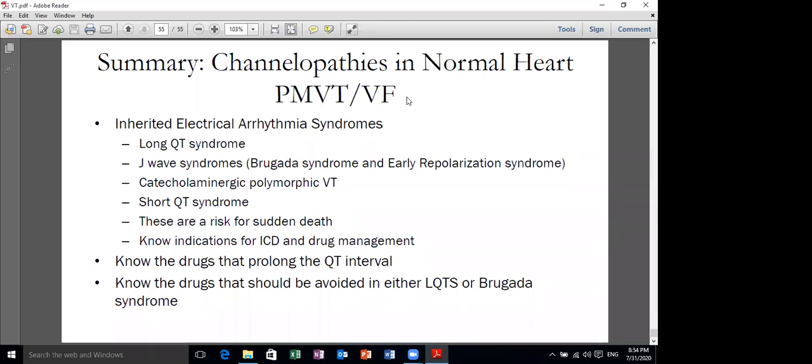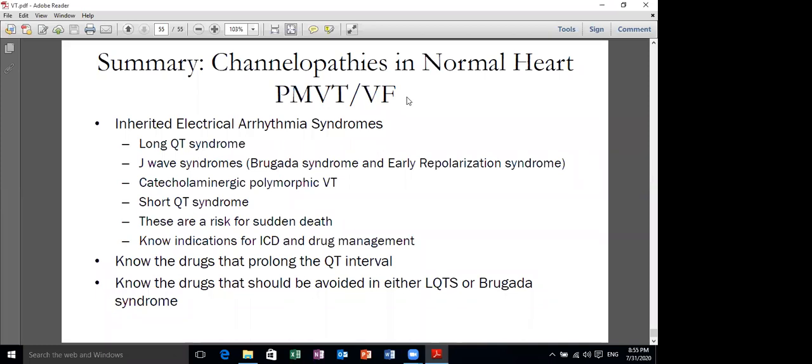The other group of patients are those who have channelopathies, starting with long QT and going across the whole spectrum that Dr. Mohammed presented. It's very important to keep in mind that the classic agreement is on those patients who have secondary prevention indications, so those who get ventricular tachycardia, and that's a class 1 indication for an ICD.